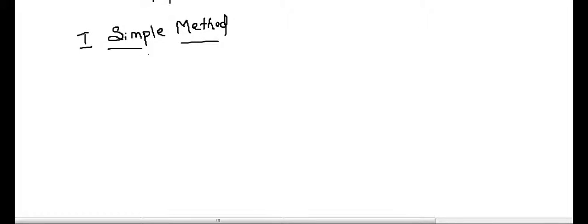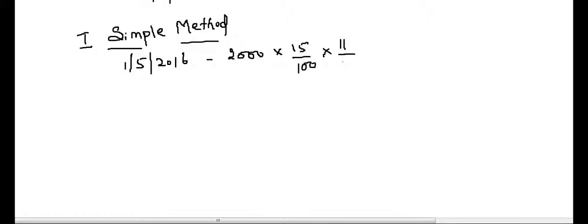See, on 1/5/2016 he is withdrawing 2,000. For how many months is the money being used? For 11 months. What is the rate of interest? 15. We'll calculate for 11 months.